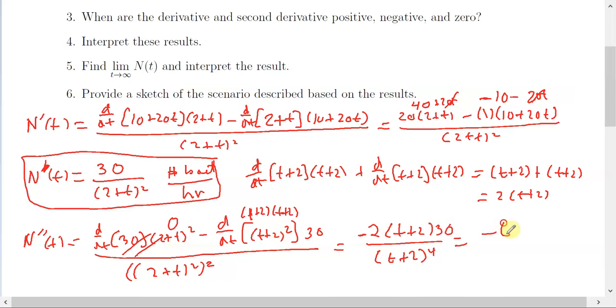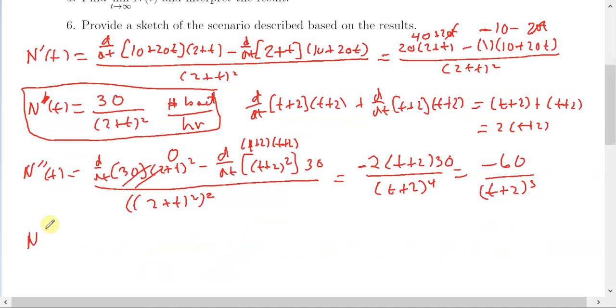Anyway, I end up with negative 60 over t plus 2 to the 3rd power. So that's my second derivative. Second derivative is negative 60 over t plus 2 to the 3rd power, or 2 plus t if you like. And this is in millions of bacteria per hour squared.